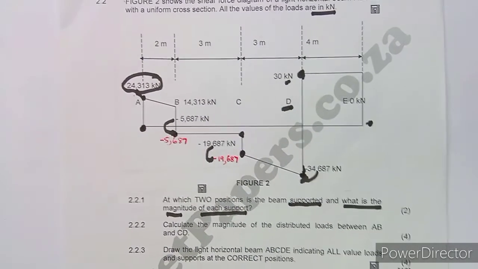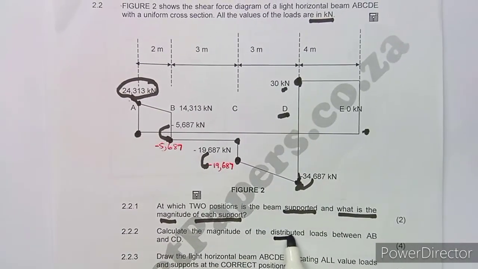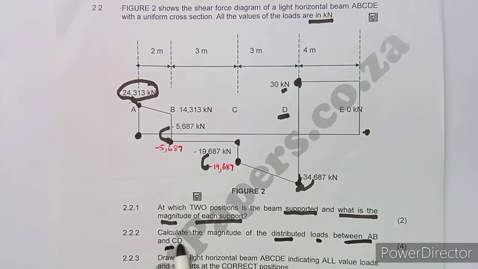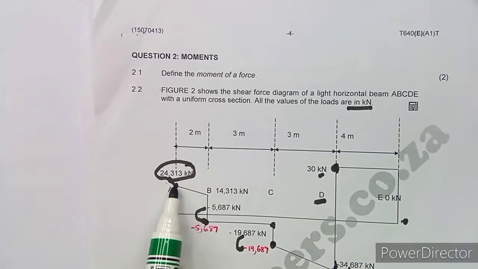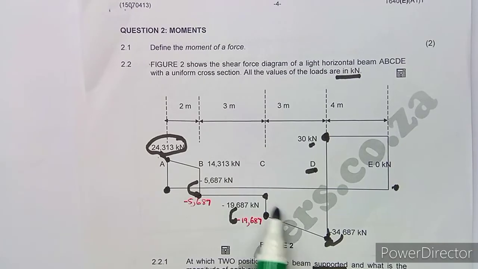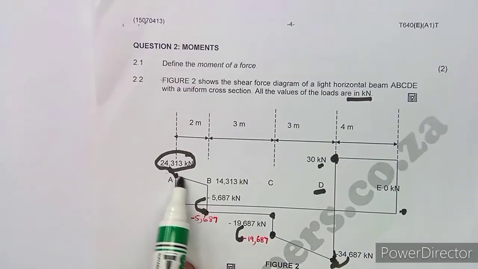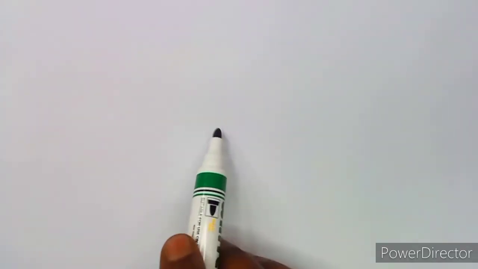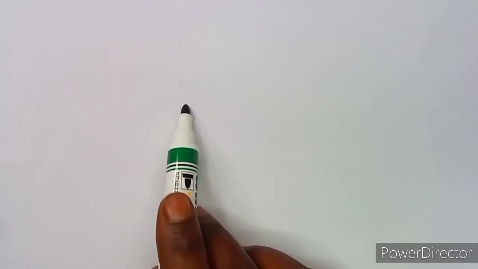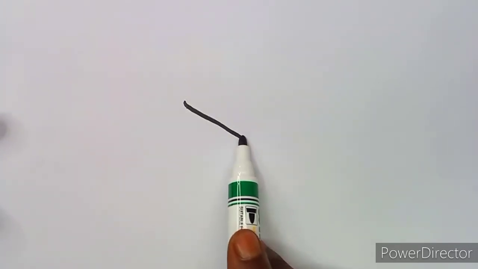In another part, we are asked now to calculate the magnitude of the distributed loads between A, B, and C, D. Okay, so as you can see from A, B, C, and this point C, these are distributed. Remember how you represented distributed loads when we were drawing shear force diagrams? We used to represent like this.